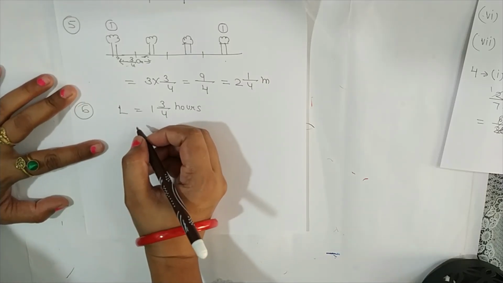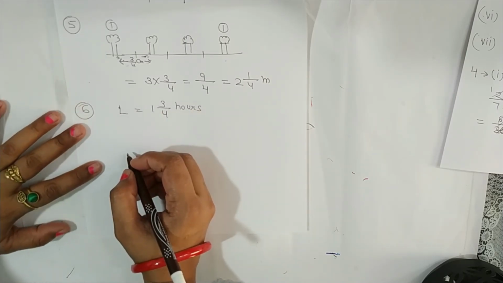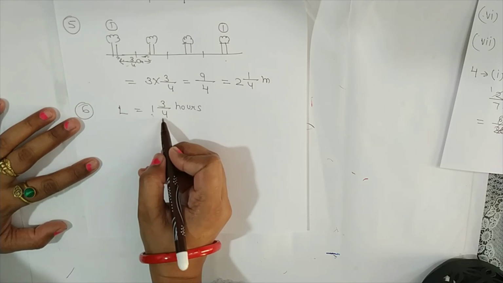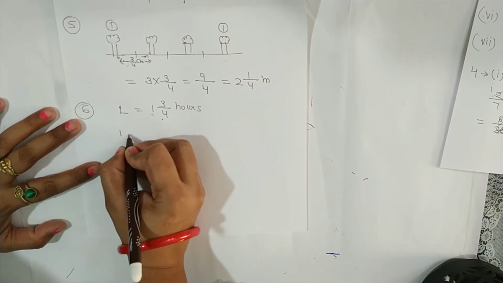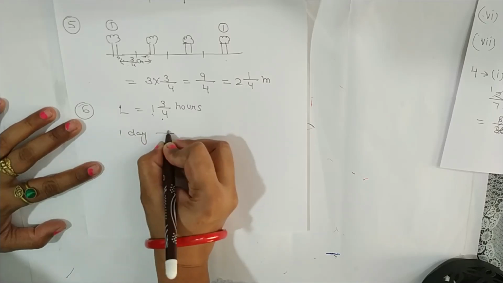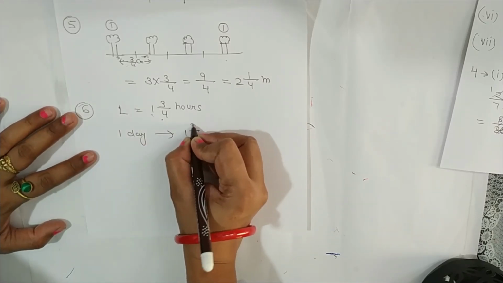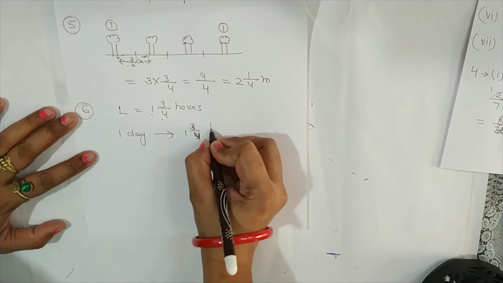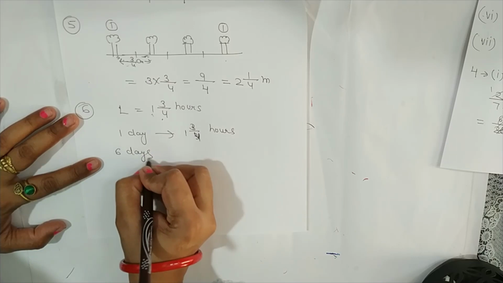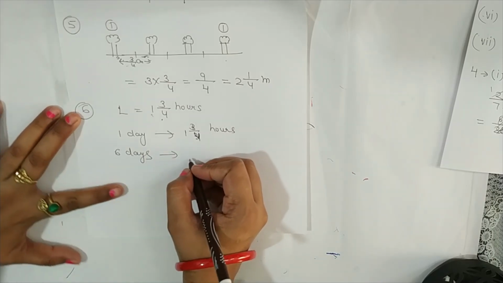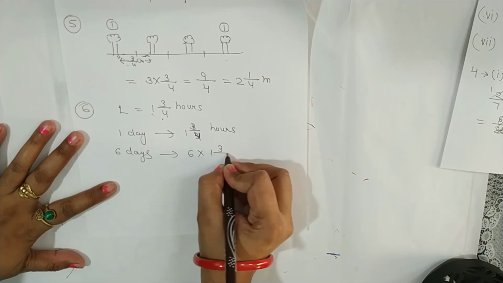In one day how many hours does she read the book? 1 3/4 hours. Now in 6 days she reads, so we have to multiply 6 into 1 3/4.